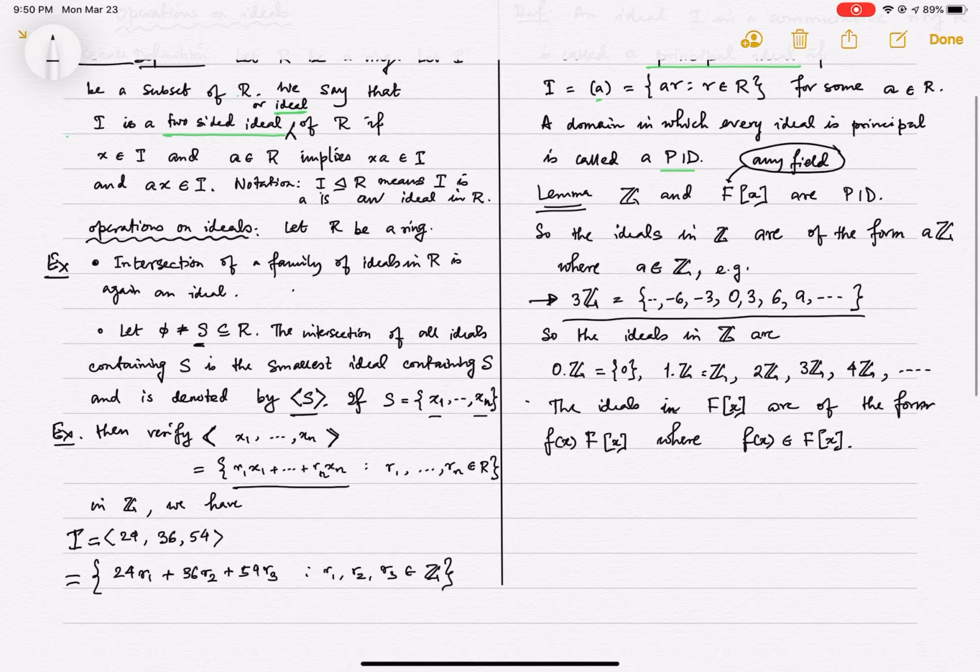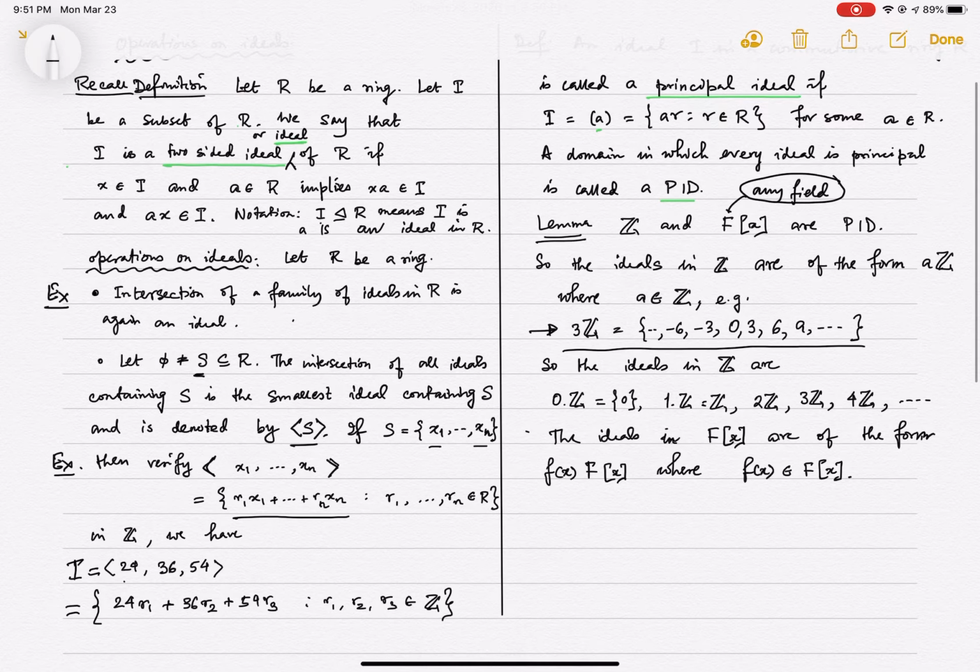So for example, in Z, if you give me three numbers, 24, 36, 54, the smallest ideal that contains them, or the ideal generated by these three elements, is going to be all numbers of the form 24r1 plus 36r2 plus 54r3, where r1, r2, r3 are any integers.